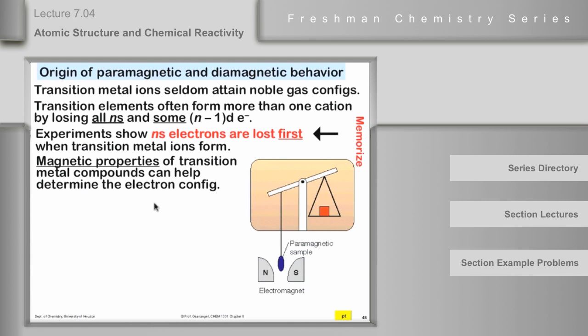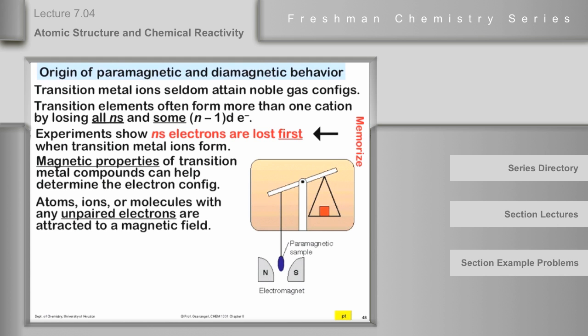Take my senior course and we'll go through it, into the number of unpaired electrons. So atoms, ions, or even molecules with any unpaired electrons are attracted to a magnetic field, and they are said to be paramagnetic substances if they have any unpaired electrons.